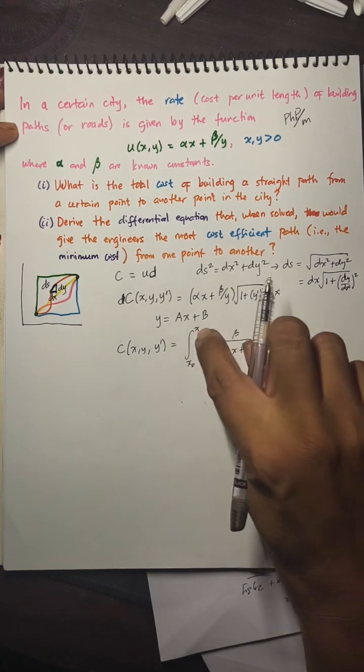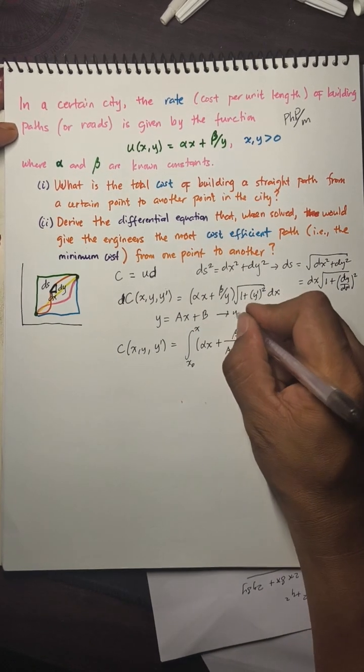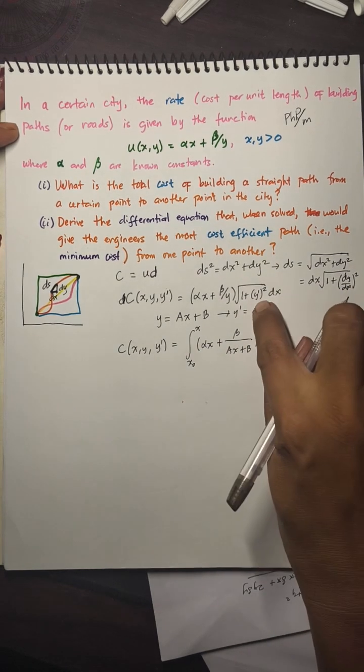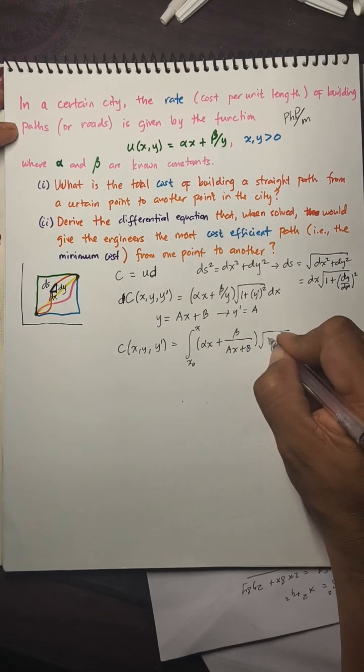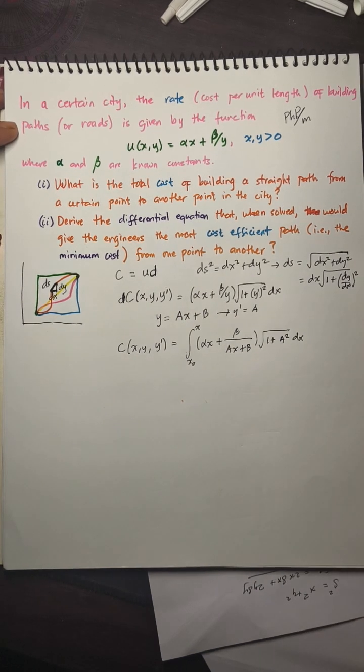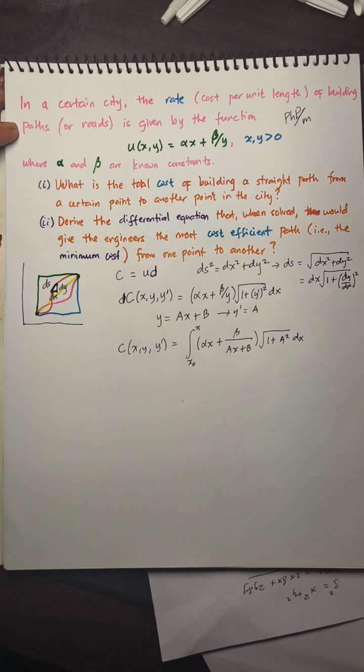And then, now what is y prime? From here, y prime is equal to a. So this now becomes square root of 1 plus a squared dx.